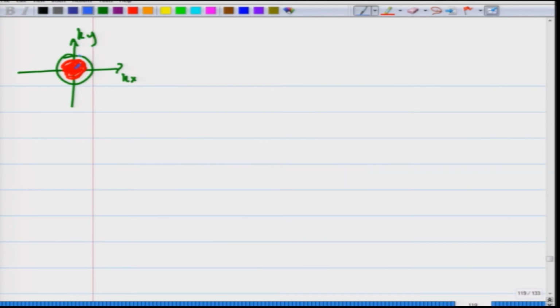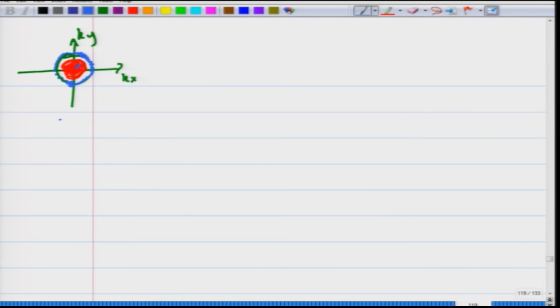Only those electrons present near the Fermi energy will contribute to the entire process. These are the electrons which will get excited above the Fermi energy or go below the Fermi energy. So, we will make the following picture.